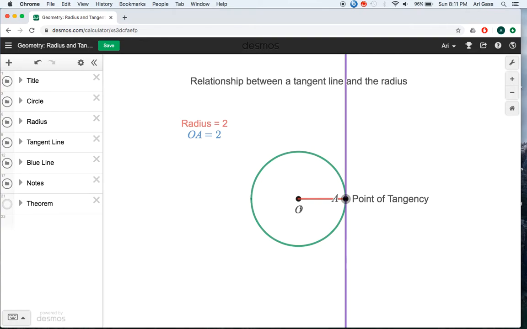And the answer to that, if you think about it for a second, would be no, because if there was a point on the tangent line that was less than 2 units away, then it would have to be on the interior of the circle. And we know that the tangent line doesn't go to the interior of the circle, it only intersects on the circle. So the closest the tangent line gets to the center of the circle is at that point of tangency. So that must mean that this angle here is a right angle.